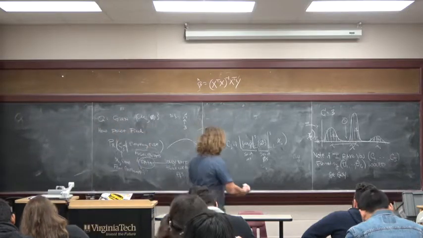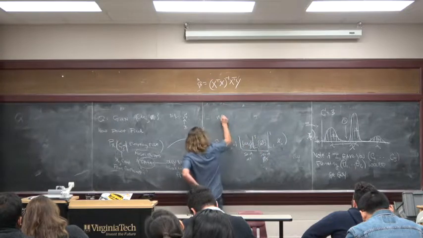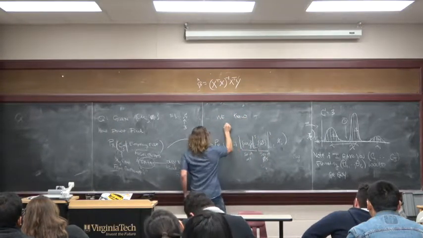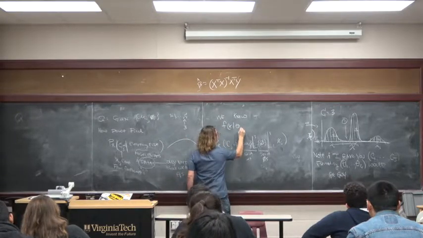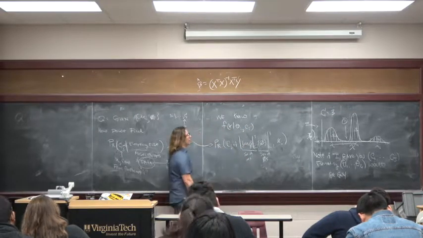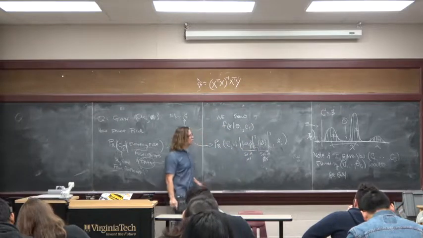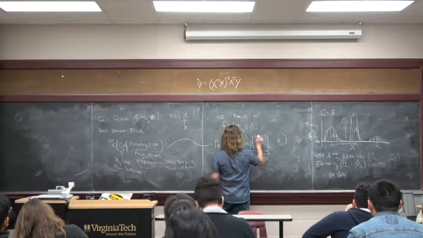And so how do I get this? One thing we know is this: f of x given theta i, C. I'll just leave it as C. So we know this. In our example, this is a normal.